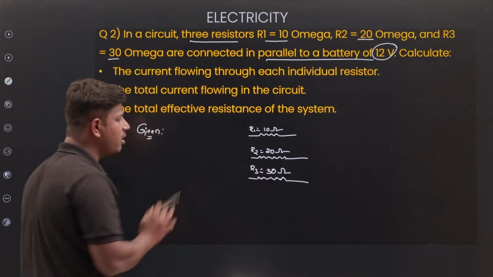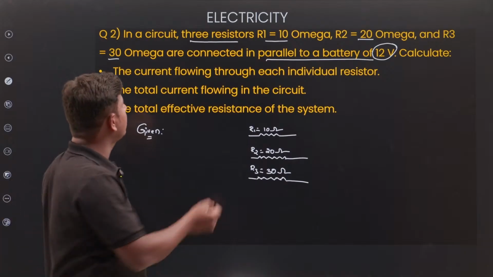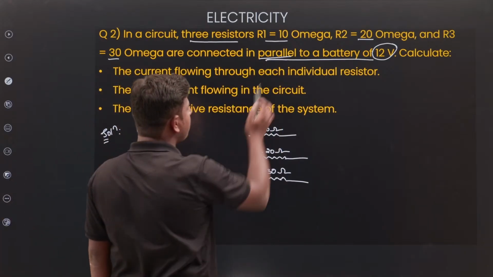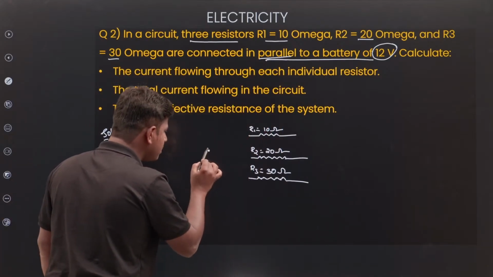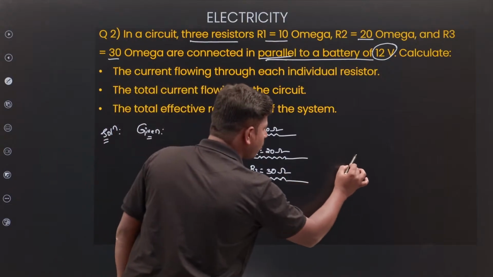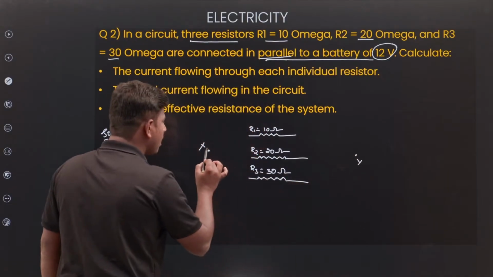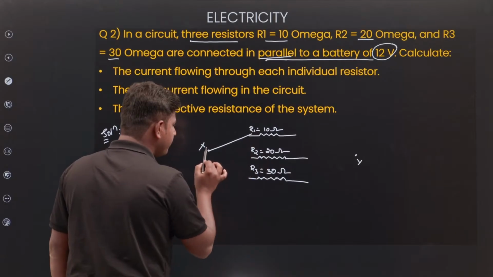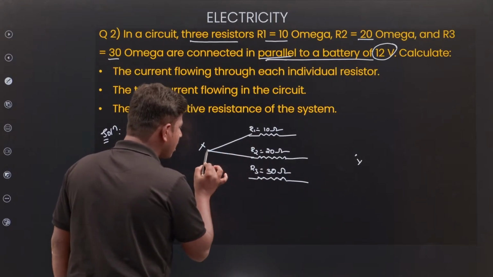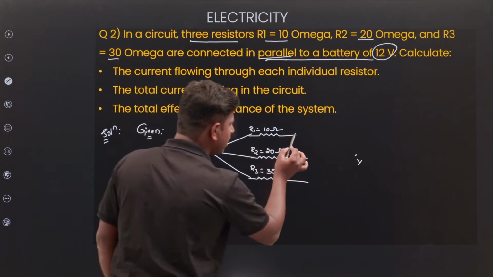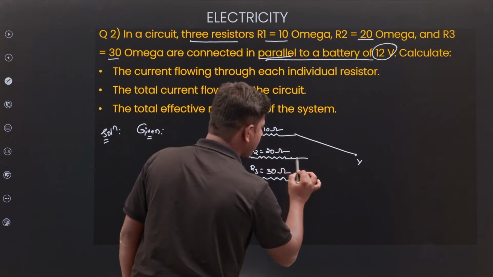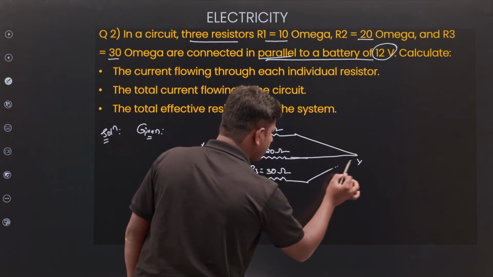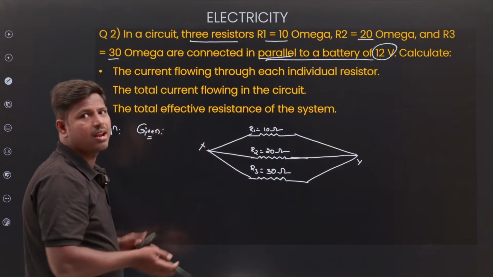So I am taking R1, R2, R3. How are they connected? Connected in parallel. Parallel means take 2 points, X is 1 point, Y is 1 point. R1, R2, R3 are each connected to X. Similarly, R1, R2, R3 are each connected to Y. Now all are parallel.